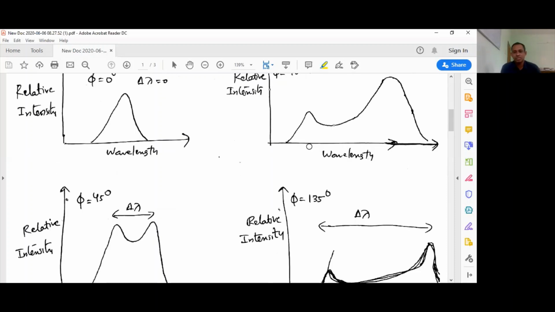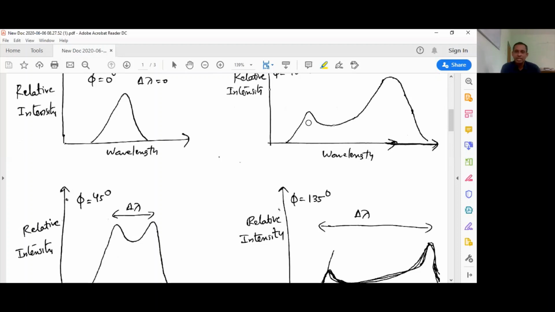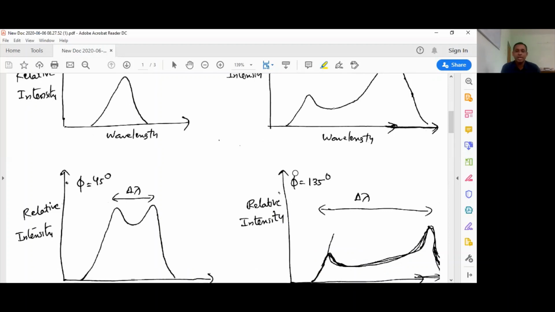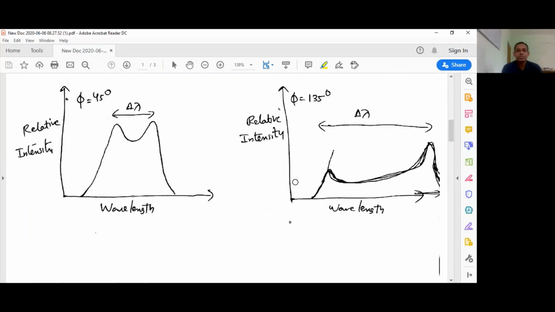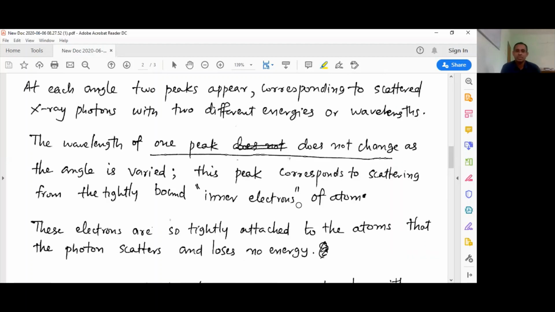Now, why is the first peak, which is the incident wavelength, observed at all scattering angles? It is because of the scattering of photons by the inner electrons of the atom.